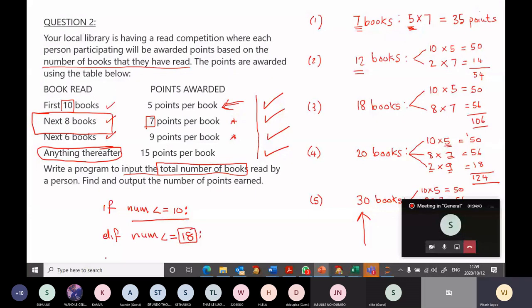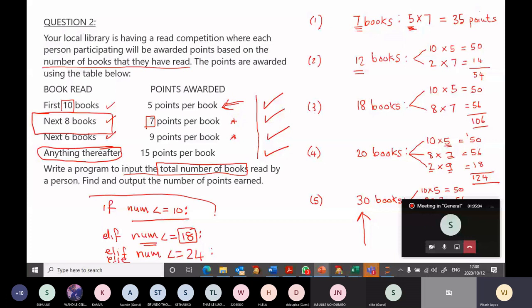The next 6, else if, and then obviously I would have a statement in it. Then else if num is less than or equal to, let's add 6 to 18. 18 plus 6 is 24. And then anything else, I'm just going to have a final else statement.